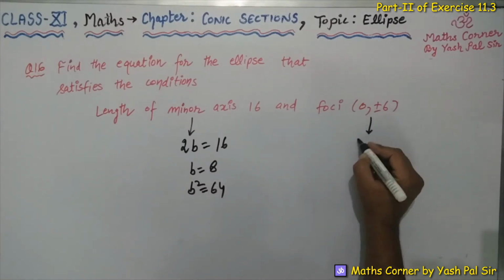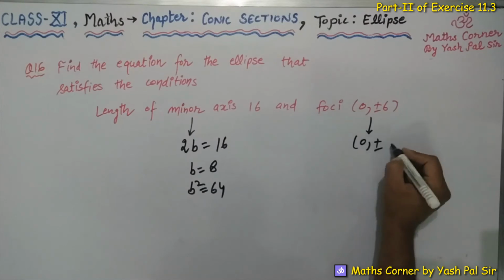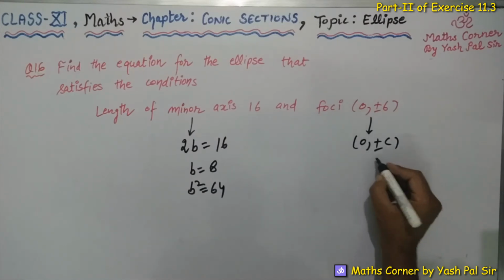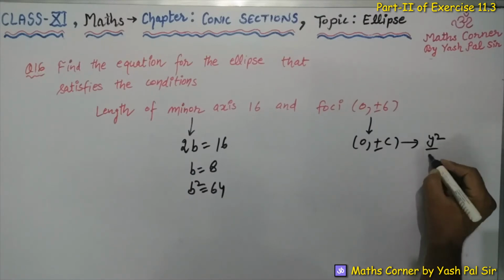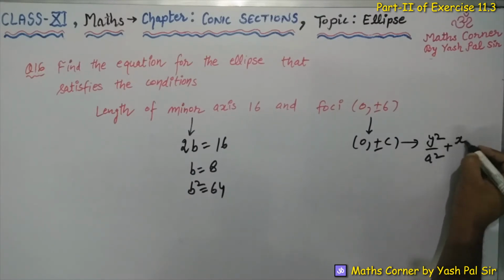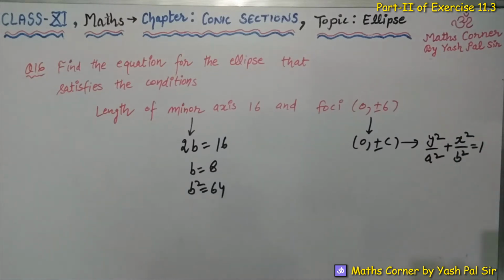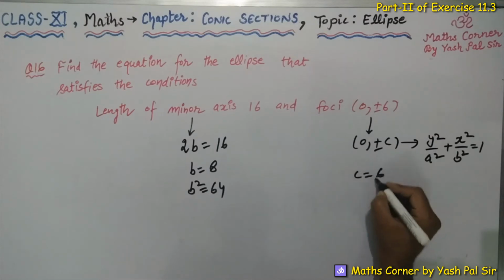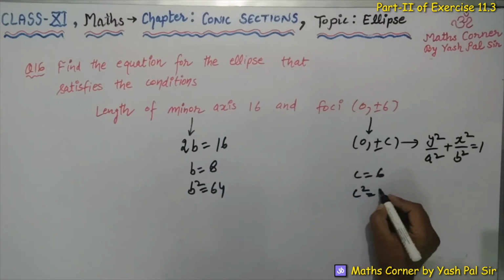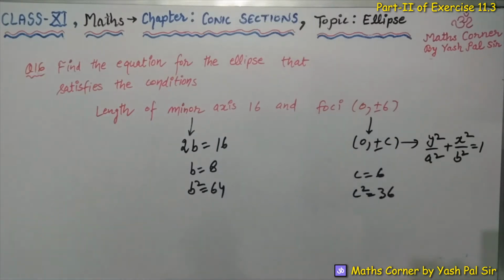Here foci means we have 0 comma plus minus c. So this is related with the equation y square upon a square plus x square upon b square is equal to 1. So that means from here c is equal to 6. So c square becomes 36.